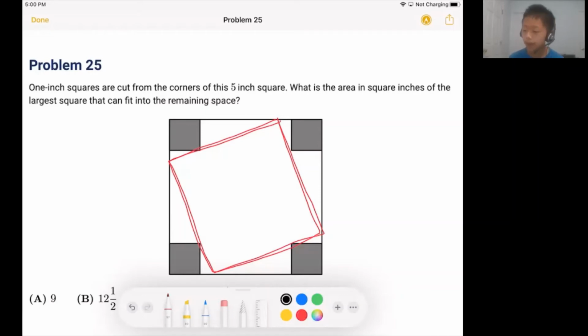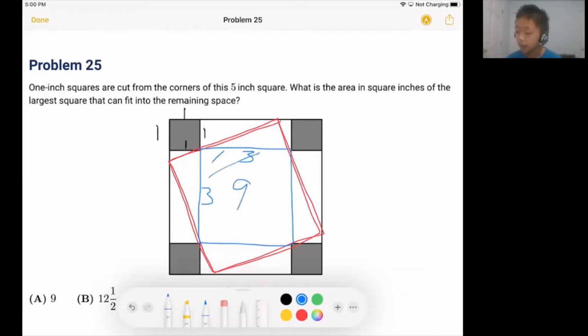We know that each of these corner squares has side length 1. So this has length 1, this has length 1, this is length 1, this is length 1. Now, if we drew in our previous 3 by 3 middle square, we originally found this already has area 9.